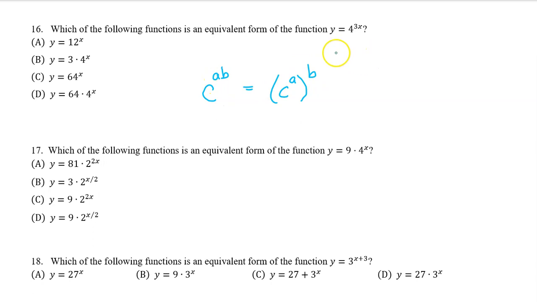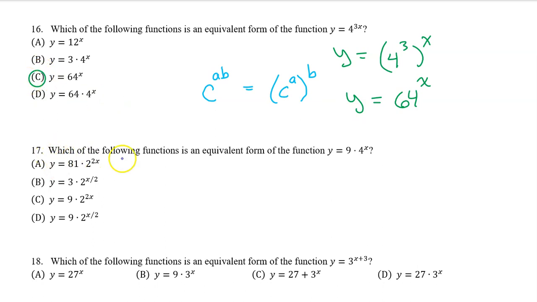So we can rewrite this equation as 4 to the third power all raised to the x power. That's how we get the x by itself. Now, 4 to the third power is 64. So this would be the same thing as y equals 64 to the x power. So that's how we know the answer is C.